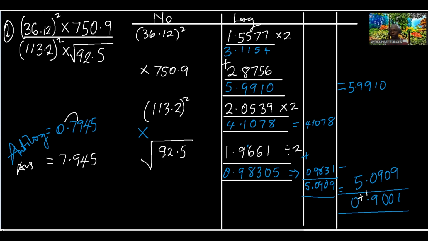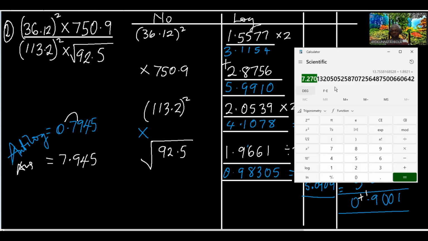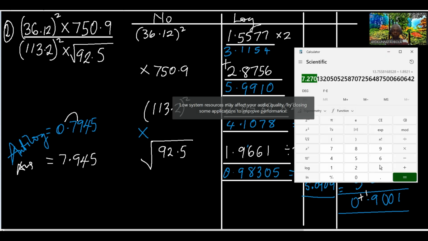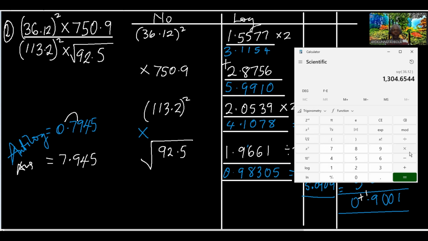So again, let's try to verify on the calculator and see what we have. But this is a long process on the calculator, but we're going to try it out. So let's say the first one, 36.12 whole squared. Okay, 36.12 squared gives me this. Then times the counterpart 750.9.